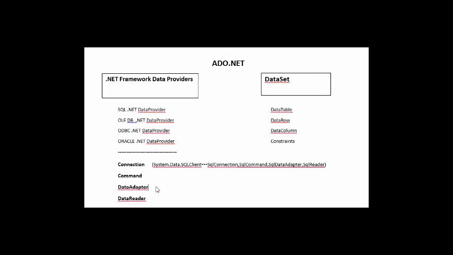Again, for each .NET data provider, its own specific classes are there for the manipulation or access of data. For example, SqlClient. This is for the SQL .NET data provider. System.Data.SqlClient is the namespace, and inside this namespace there are different classes. For connection, there is a class called SqlConnection.